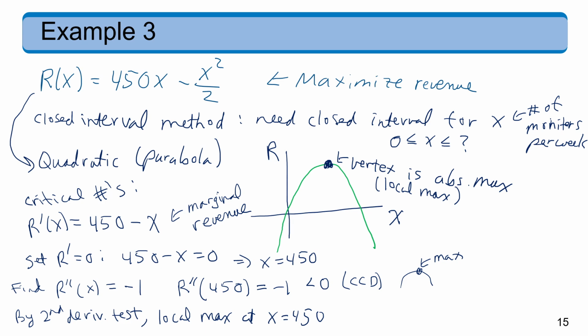So to summarize this, we could say to maximize revenue, this company should produce 450 monitors per week and also sell them.